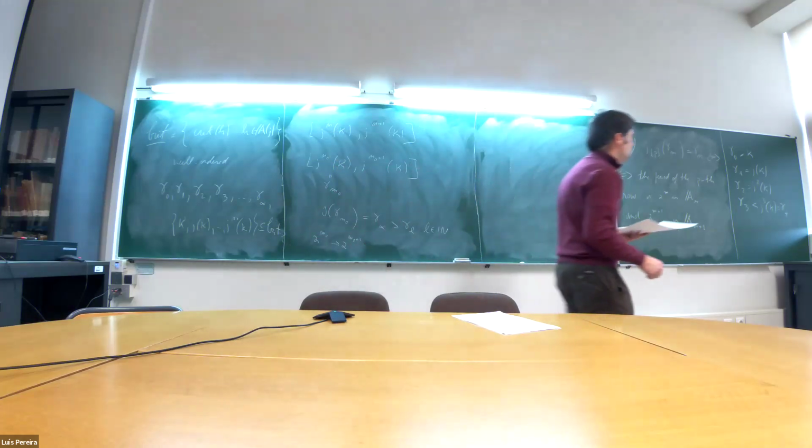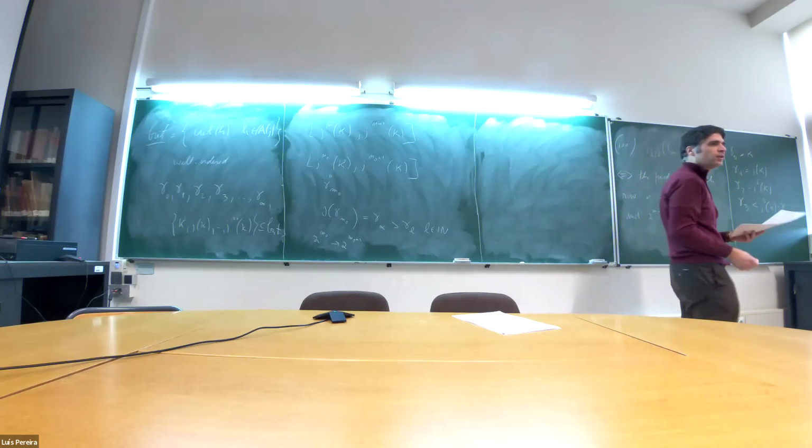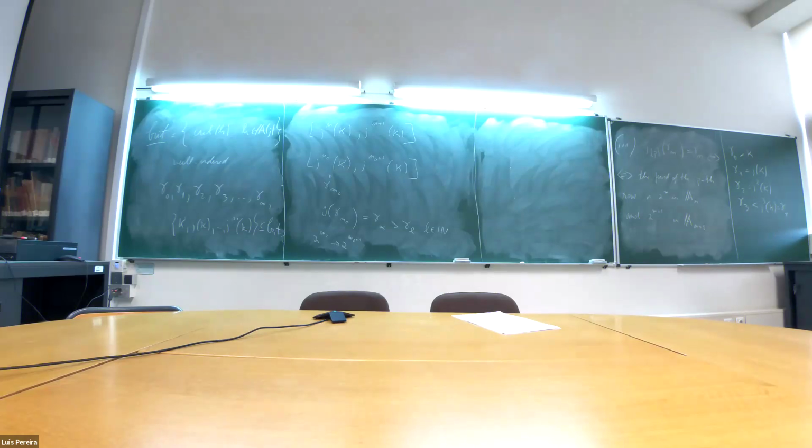So, yeah, I get it. So J3 of kappa is gamma 4. J4 of kappa is something huge, but it's finite. This is what we want to prove.